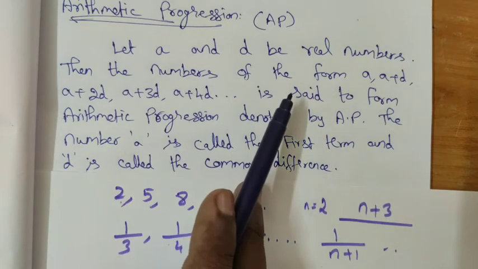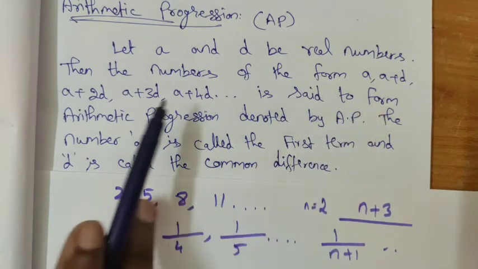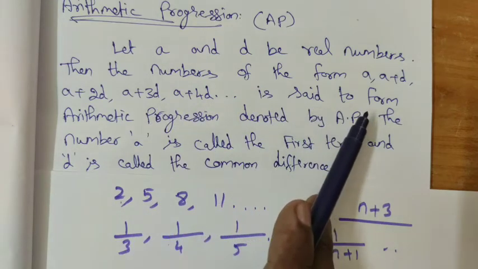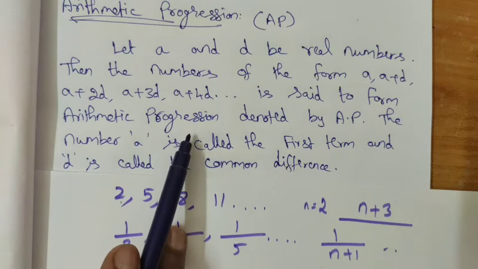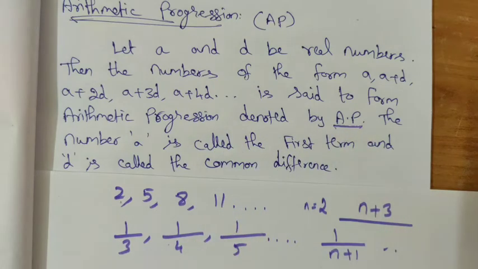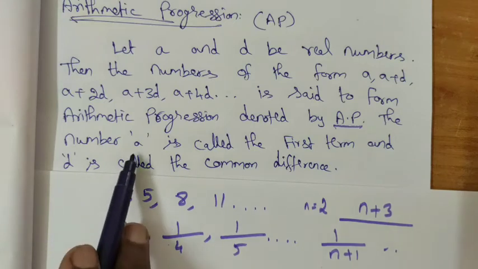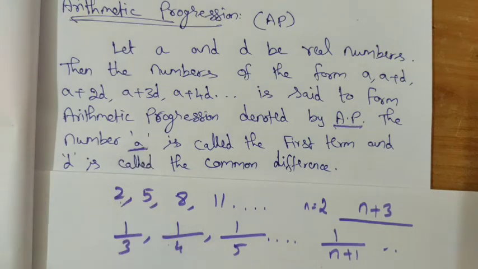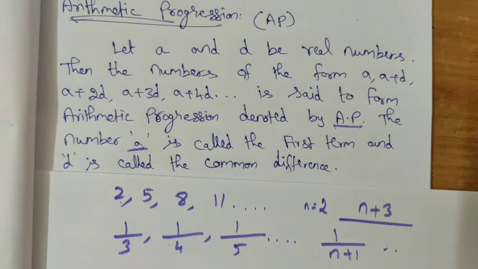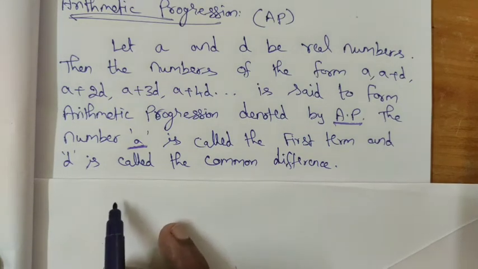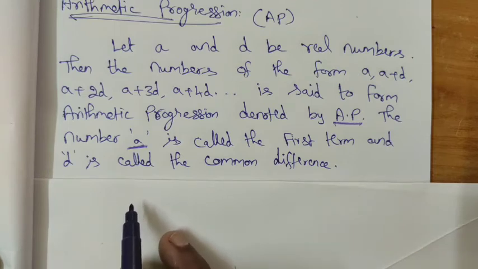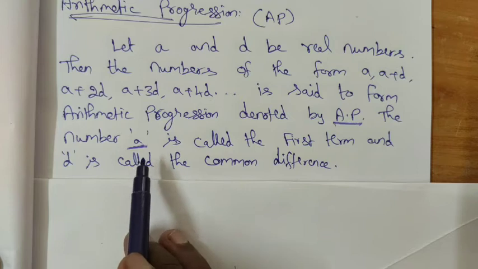Then numbers of the form A plus D, A plus 2D, A plus 3D, A plus 4D, like this, are said to form an arithmetic progression, denoted by AP. The number A is called the first term, and D is called the common difference. All the sequences are not APs, but all the APs are sequences.